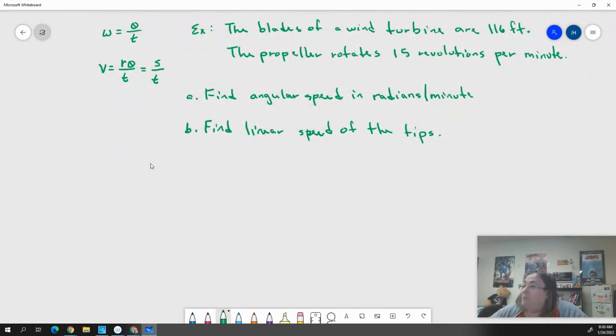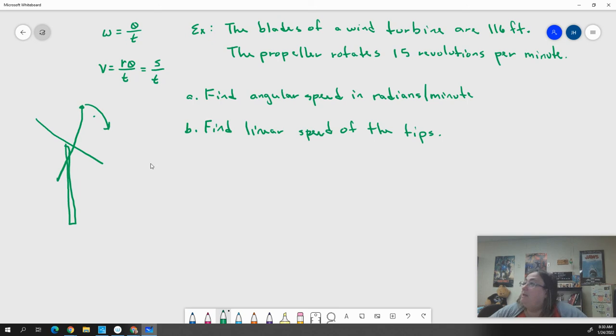Let's look at this. What do we have? We have a turbine, and it's got these spinny things. Usually it's like 3 of them, but it doesn't matter to us. Each one of these is spinning, and we only need to know the length of one.